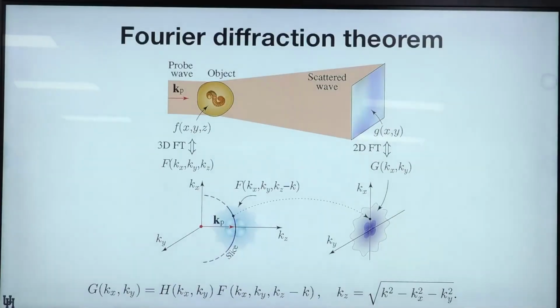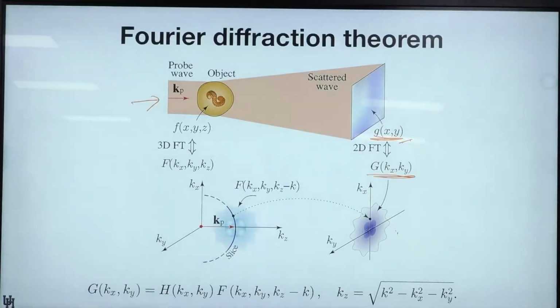With this kind of approach, you have light falling in direction k_p. You make a measurement over here. Now take the two-dimensional Fourier transform of the data. You get g of k_x, k_y. So you get a 2D image of the curve.